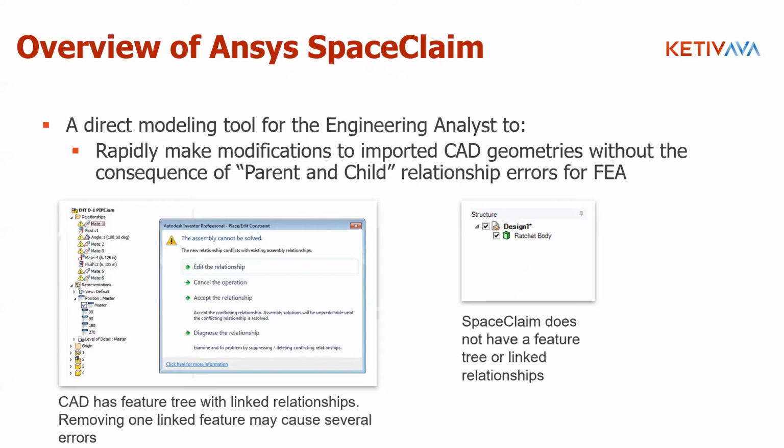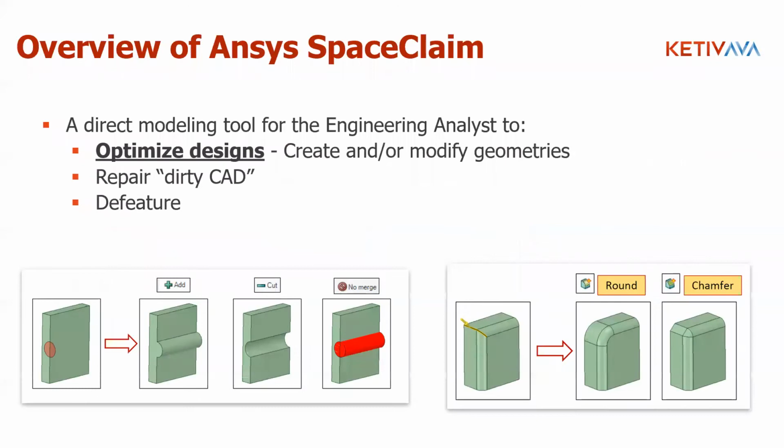Ansys SpaceClaim is going to import your file as a single object. On the right side, you can see here, it's going to import your 3D model as a single object for you to make modifications. There's no history for us to have to worry about. So we get to make these changes without any consequences. And because of that, we can rapidly make design changes through optimizations.